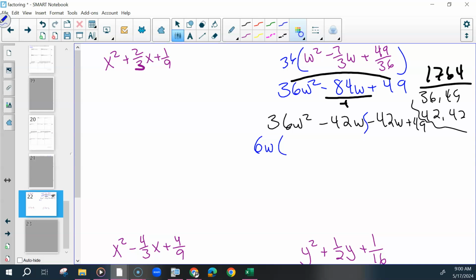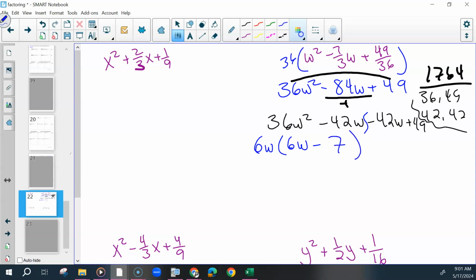And then if I divide these both by 6, what's left? 6w minus 7.